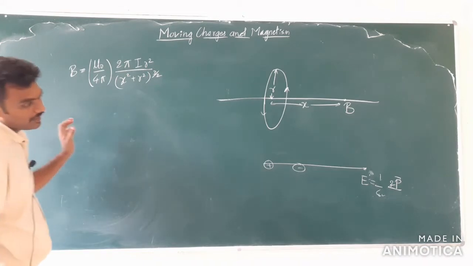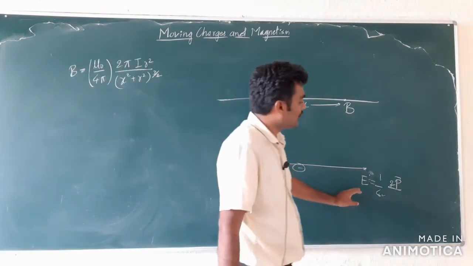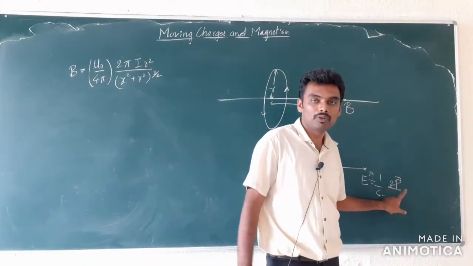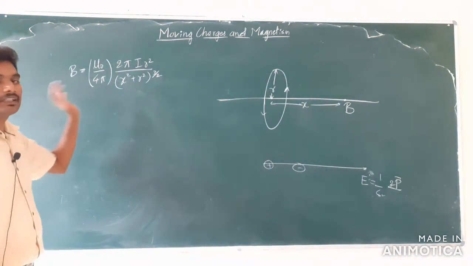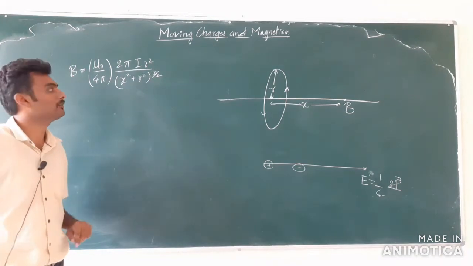So, now since we expressed electric field in terms of electric dipole moment, now we want to express magnetic field in terms of magnetic dipole moment.